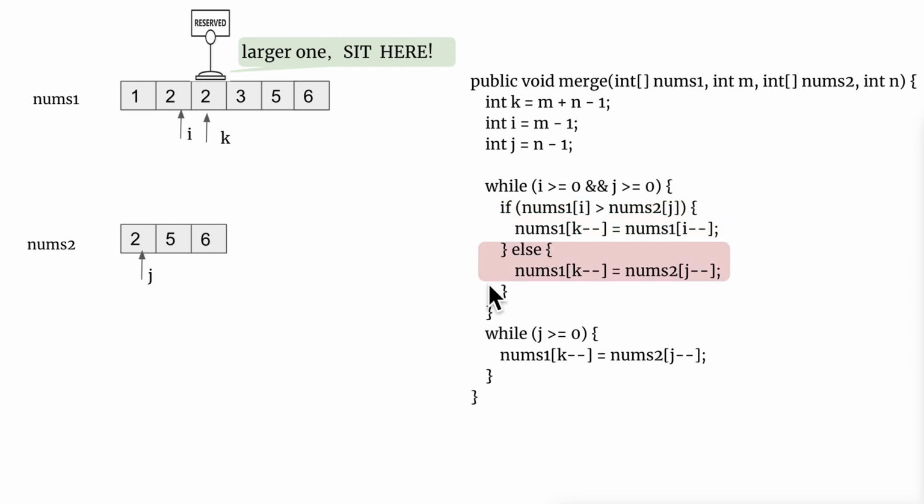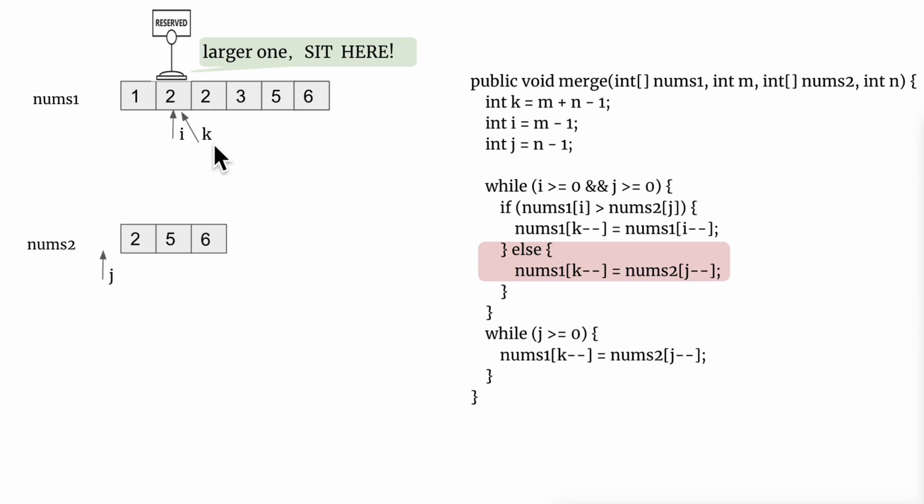Based on the if statement we wrote, it will go into this logic. So number 2 from nums2 is the qualified item to sit this reserved spot. And then k minus minus, j minus minus to move to the next. However, currently pointer j is out of boundary, so we will exit this loop.